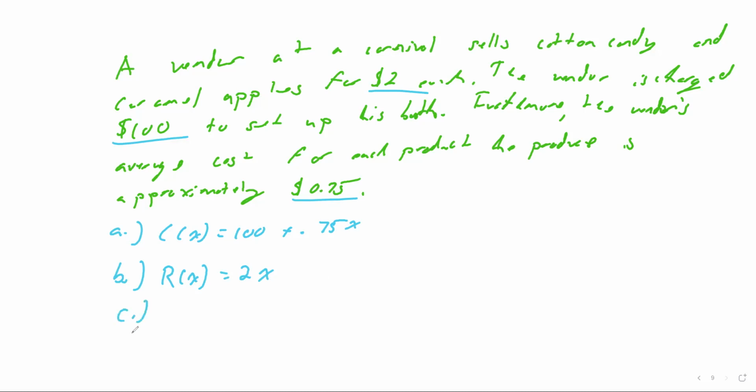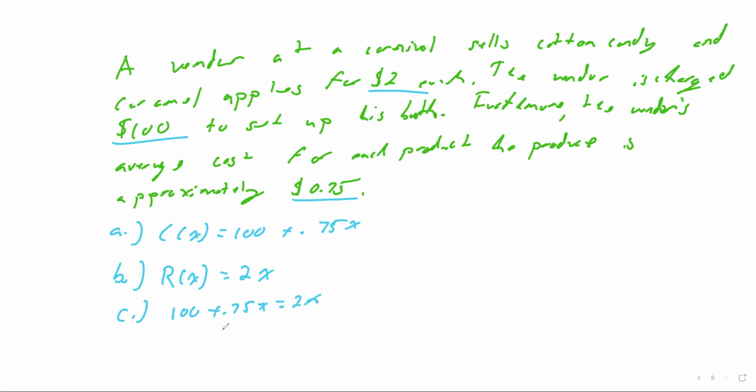So then the third thing is determine the number of products to produce and sell for the vendor to break even. So to do that, all you got to do is take these two things and set them equal to each other. So this will be 100 plus 0.75x equals 2x.